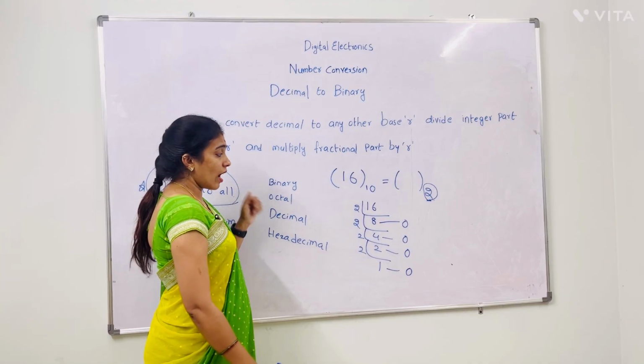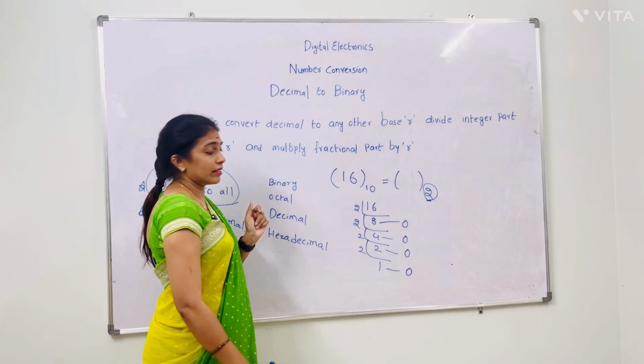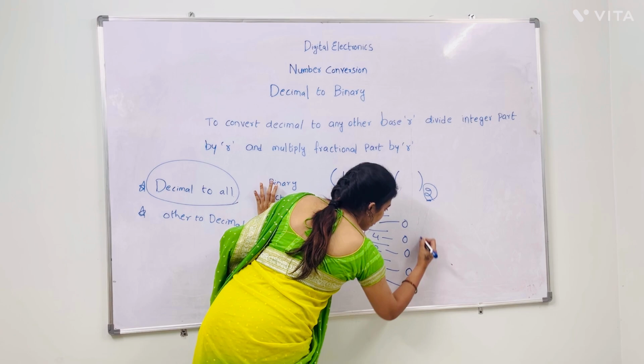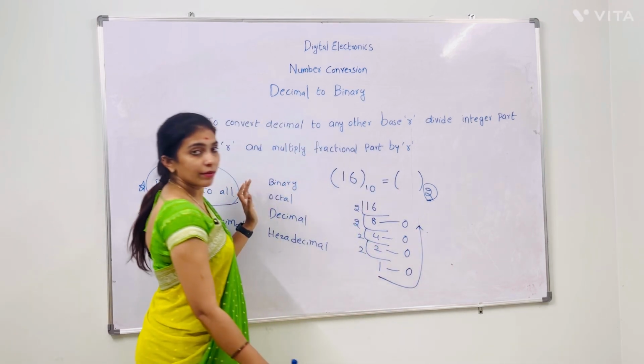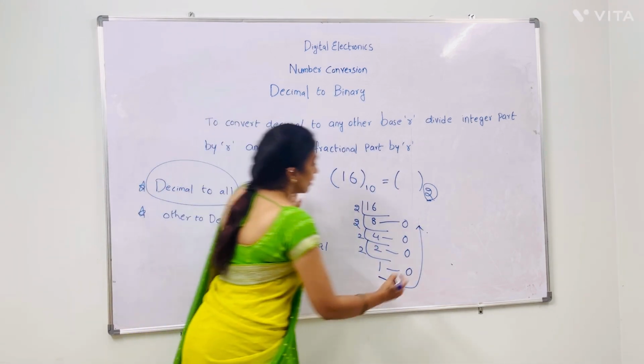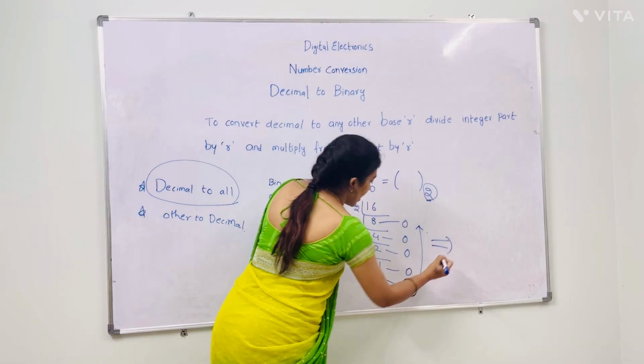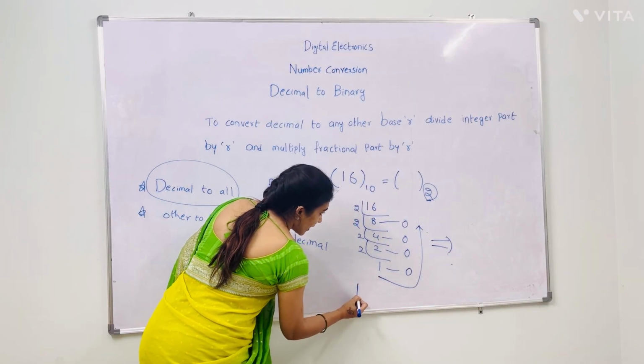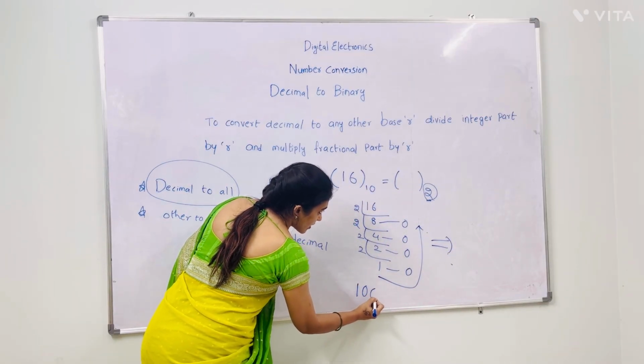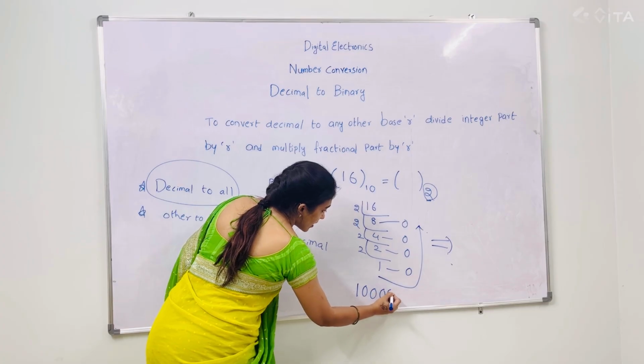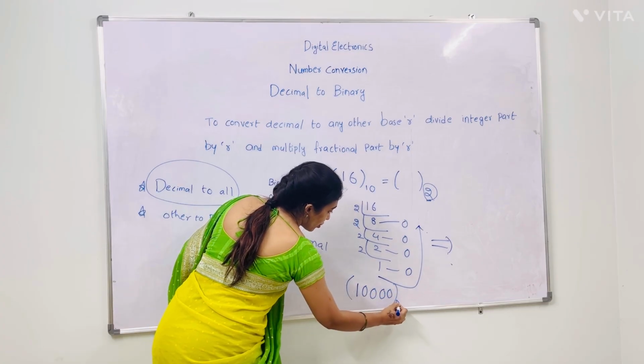Then how do you take the answer? Like this. After simplification, the answer is 10000 base 2.